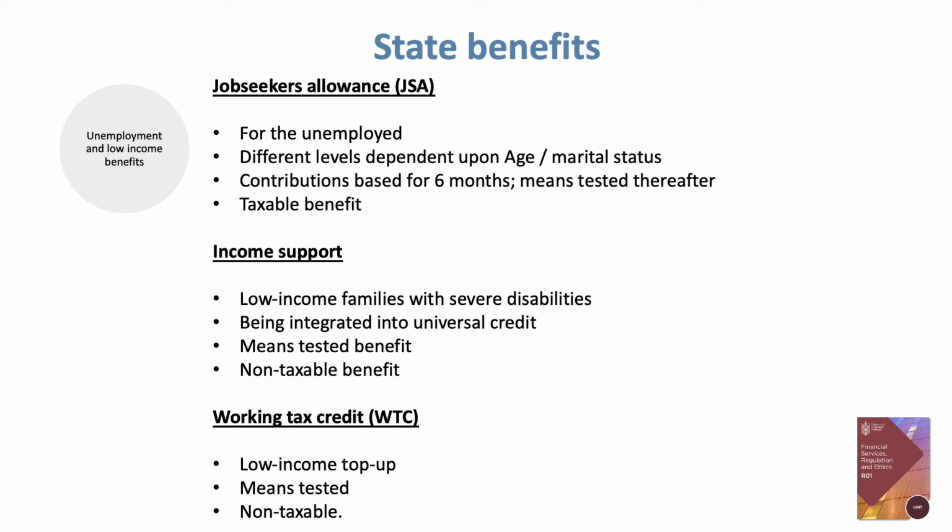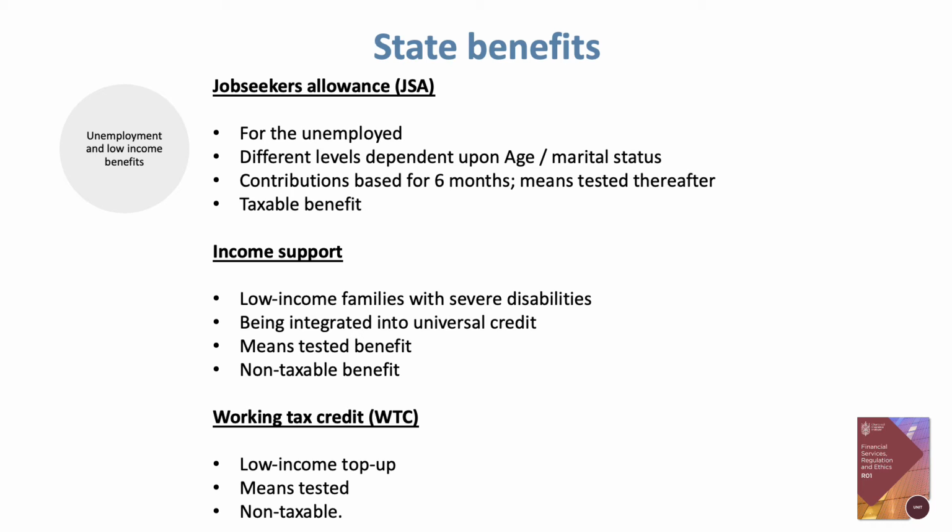So it's a contributions based benefit for the first 6 months. Thereafter it's means tested. So obviously they'll look at things like your ongoing income, if there's any income coming through from investments and stuff like that, and also your wealth after 6 months. It's a taxable benefit, but it's only payable to those that are actively seeking work.